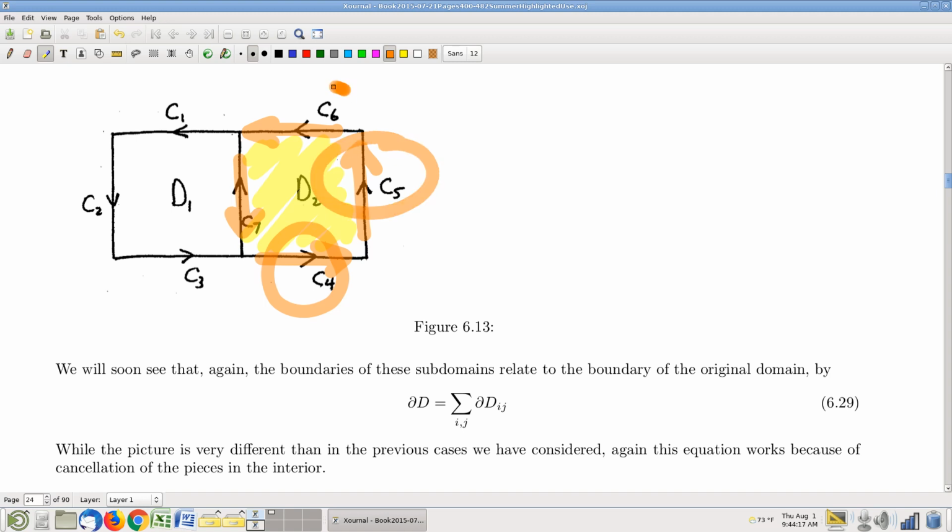C5 positive, C6 positive. But check this out. As part of the boundary of D2, I am going along that sort of middle edge, right? But I have to go the opposite of the direction that I've labeled as being the orientation of C7. So I'm going that fourth edge. That's negative C7. I'm going the wrong way. Very good.